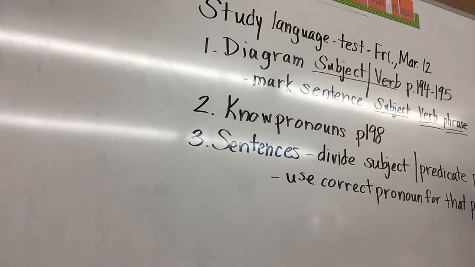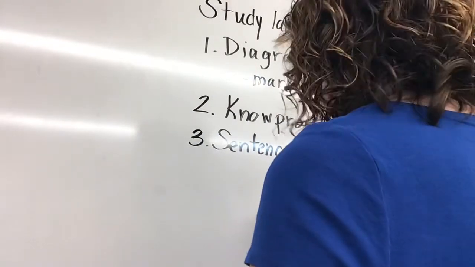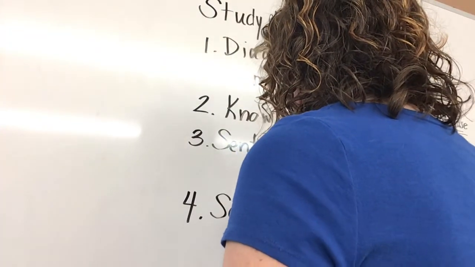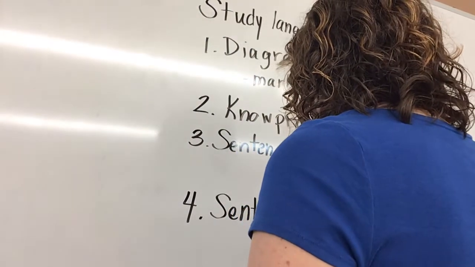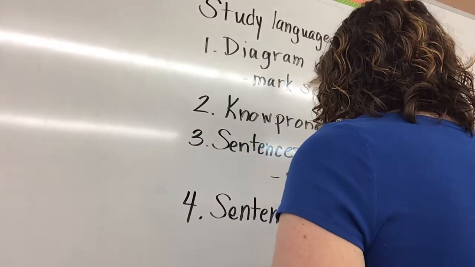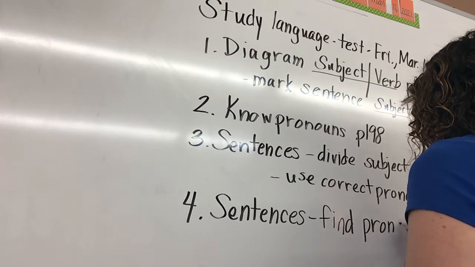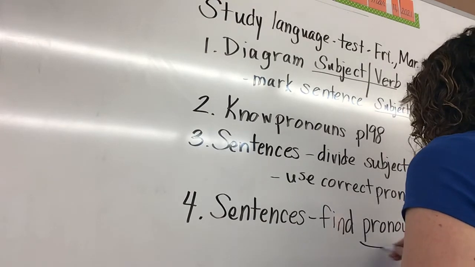Alright, then the next section, you need to find the pronoun in the sentence, and then you're gonna find the noun that that pronoun is taking the place of. So again, this is another section. So in these sentences, you're going to find the pronoun, and you're gonna circle it.